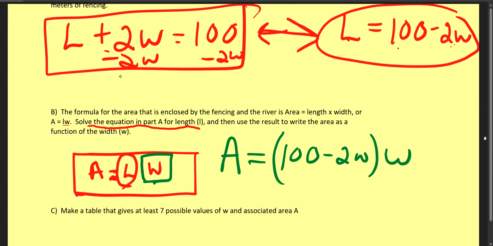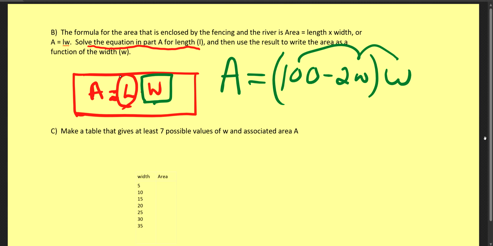And then use the result to write the area as a function of the width W. At this point I can distribute the W using the distributive property, so the area would equal 100W minus 2W squared.